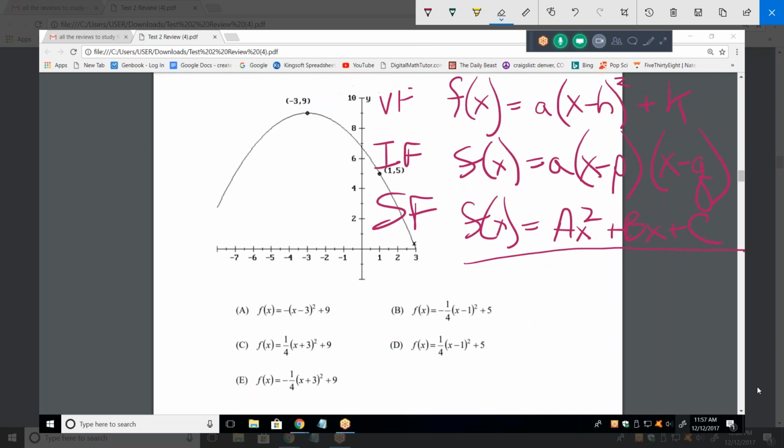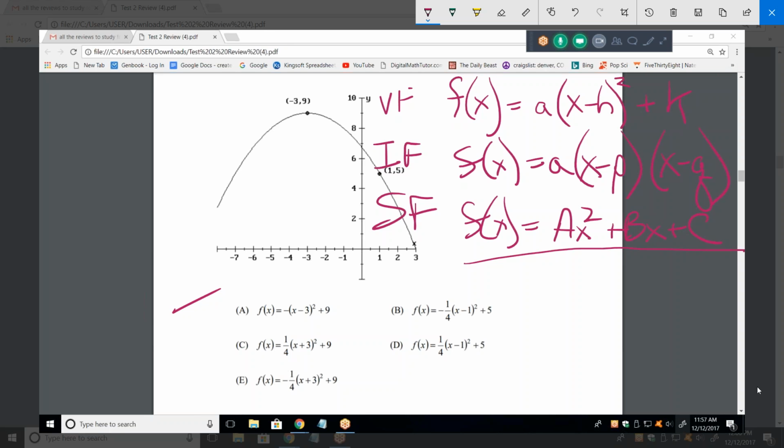What format is this in? Answer A. Is that in vertex format, intercept format, or standard format? Vertex.